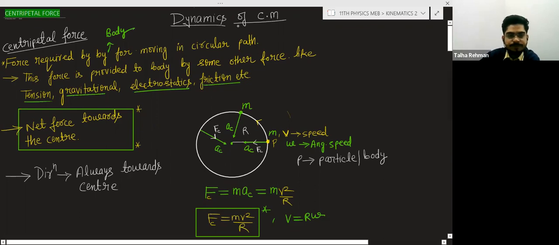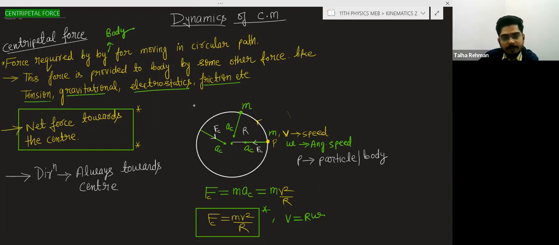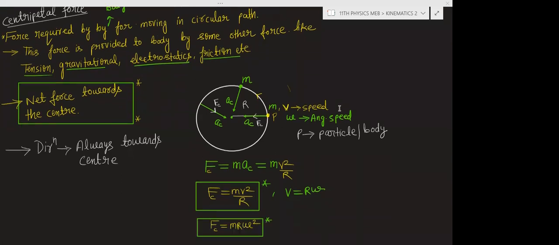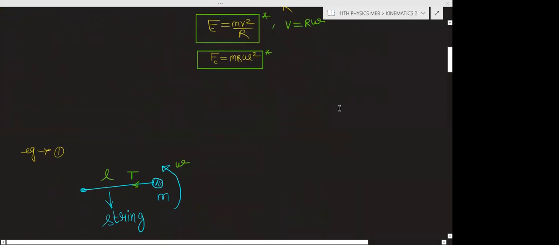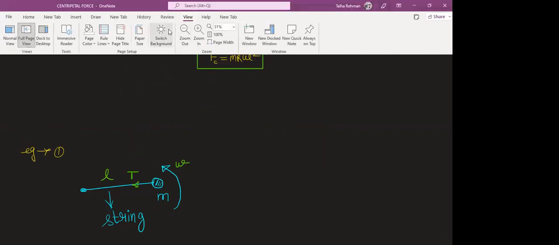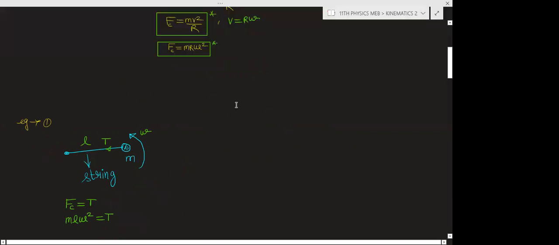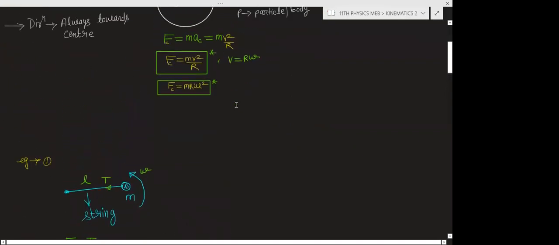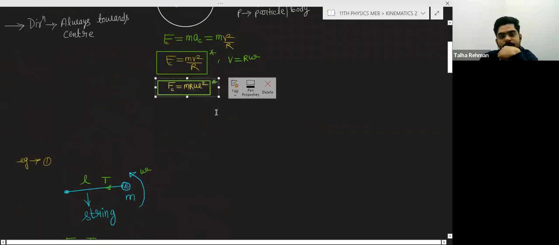Completed, Hiba? Yes, sir. Write down this formula of m r omega square. Okay, m r into omega square.